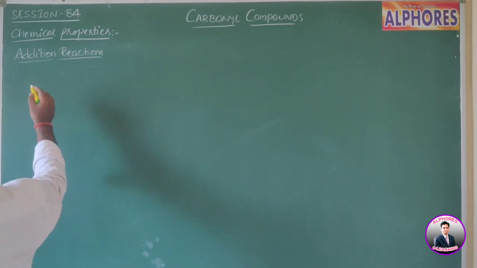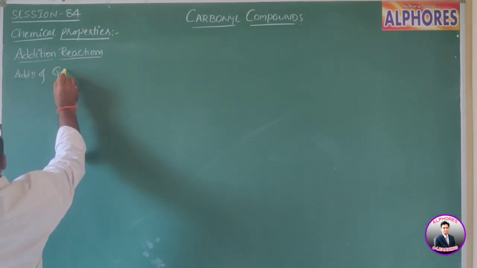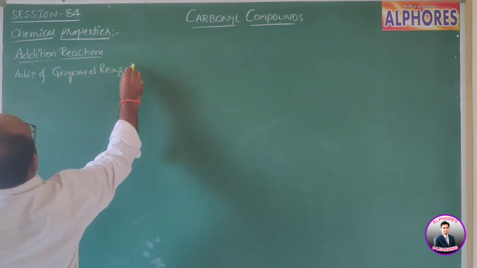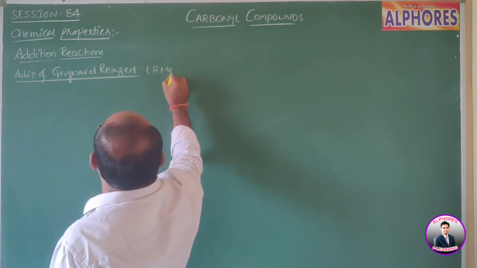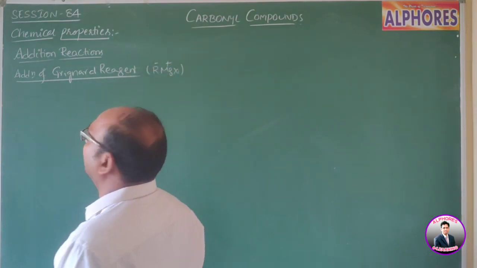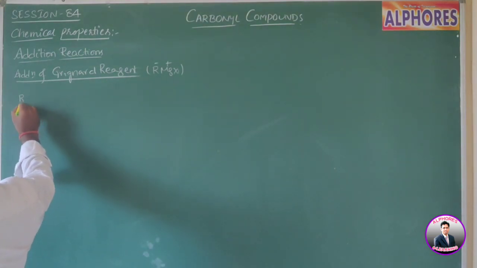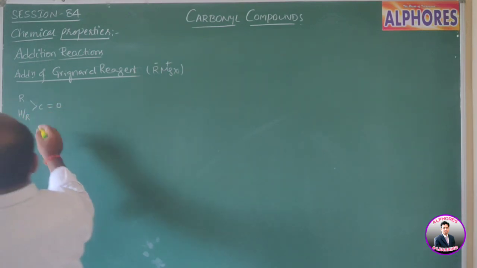Next addition reaction, addition of Grignard reagent. As we know, Grignard reagent is RMgX, that is R- and MgX+. Now let us see here, R-CHO or R2C=O, an aldehyde or ketone.